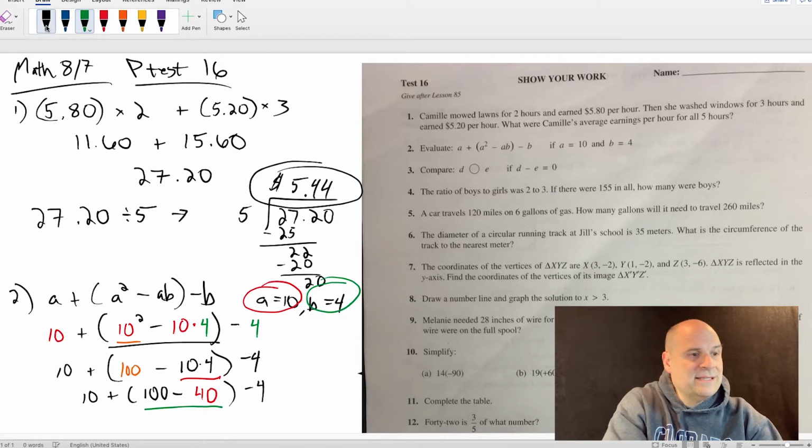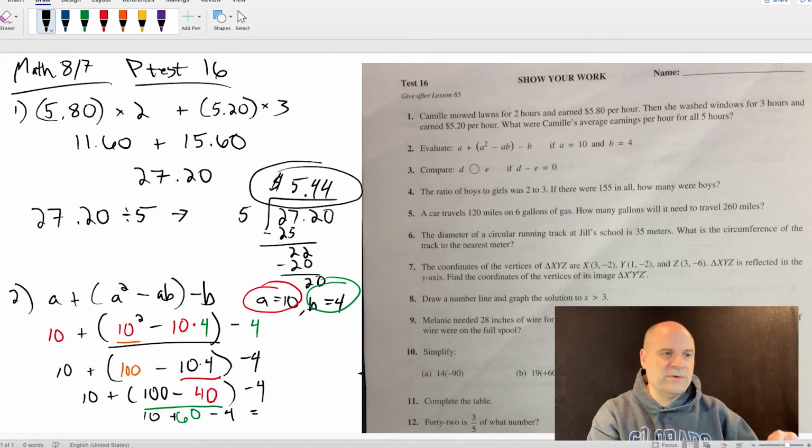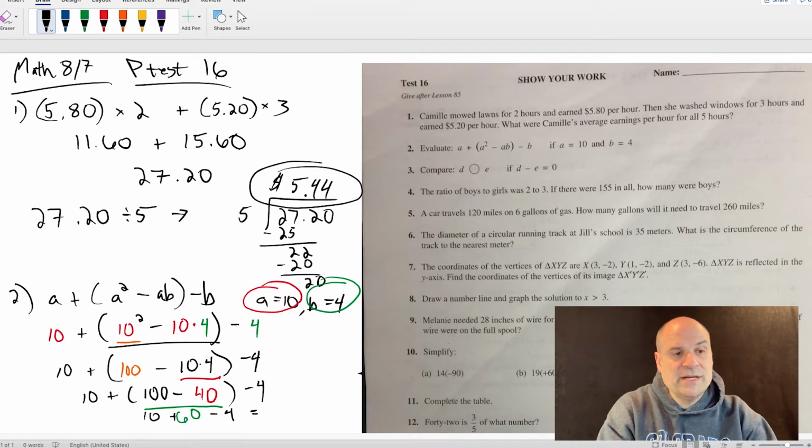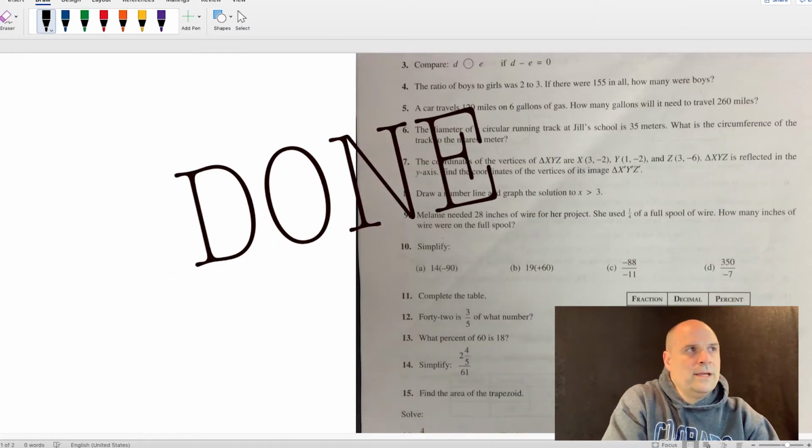Well, that's 60. So then we have 10 plus 60 minus 4. Well, we can do that math because that's all addition, subtraction. Remember, go left to right. 10 plus 60 is 70, minus 4 is 66. Boom.